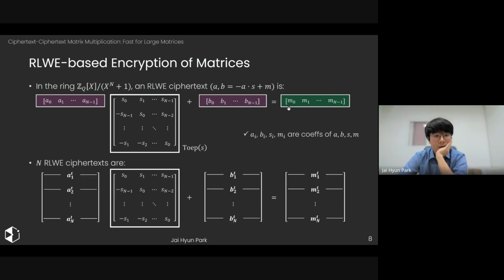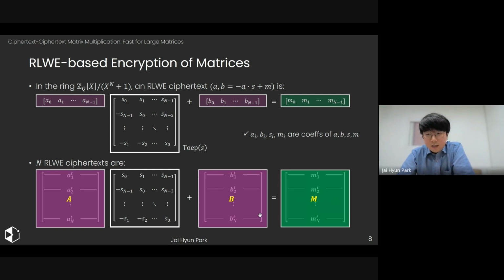Okay. And if you have several ring LWE-based ciphertexts, you can stack them vertically to get something like this. If you focus on the i-th row, you can see that it corresponds to a ring LWE ciphertext that decrypts to Mi.